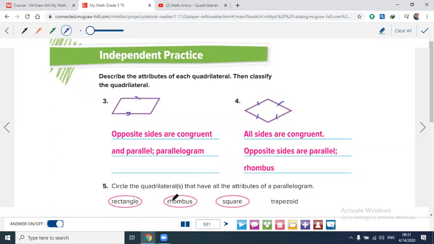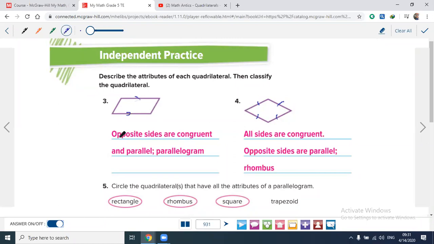Also, a rhombus has the same attributes as a parallelogram. Opposite sides are congruent and parallel. Also, a square has the same attributes as a parallelogram. So these attributes are common in the parallelogram, rectangle, rhombus, and square.